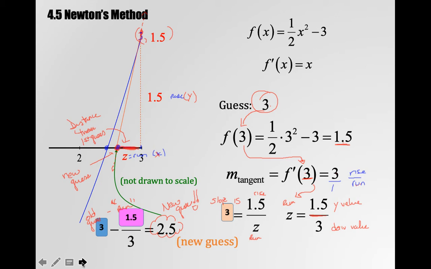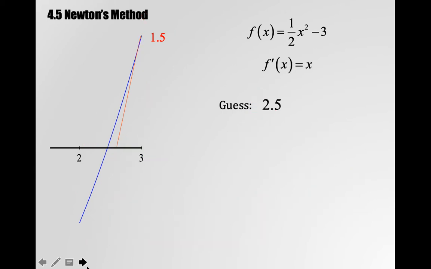Slope is rise over run. That's how you ended up getting your run value. So the pink box over the tan box is your run, and your old guess minus that distance is your new guess. And guess what you do now? The same thing. Lather, rinse, repeat.